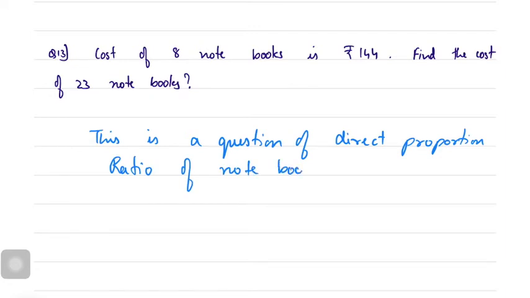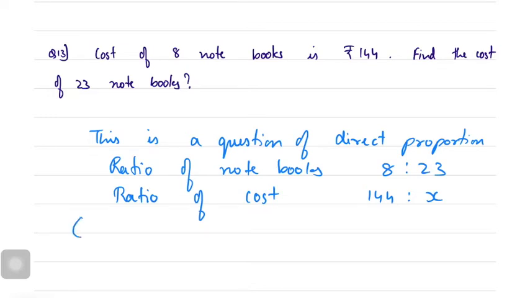Ratio of notebooks, 8 notebooks and 23 notebooks, right? So 8 is to 23. And ratio of cost will be 144 and X. So again, cost of 23 notebooks, we are assuming as X, right?